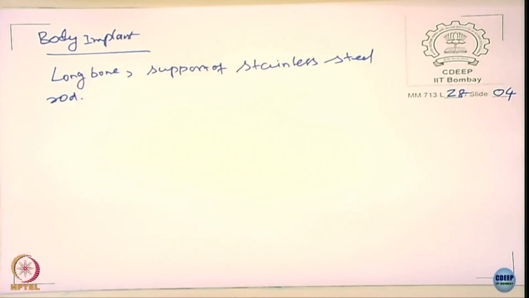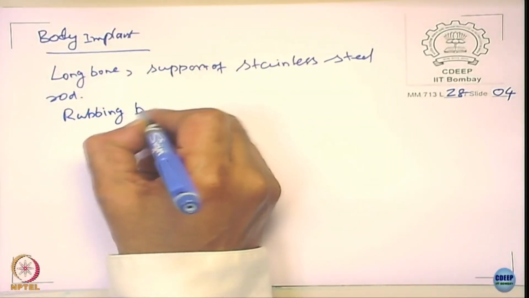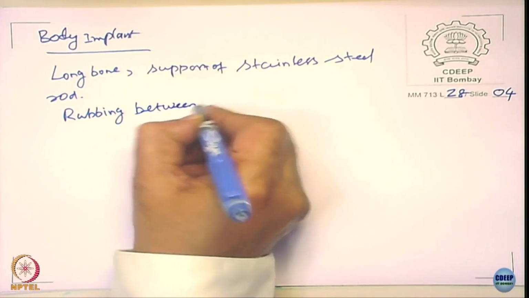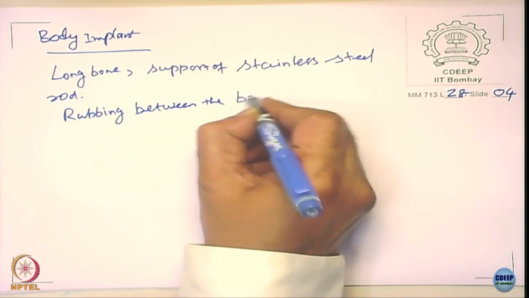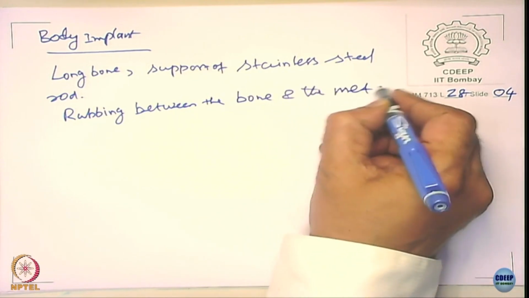Supports on the leg, for example, and you start walking now. What happens now is there is going to be rubbing between the bone and the metal implant.